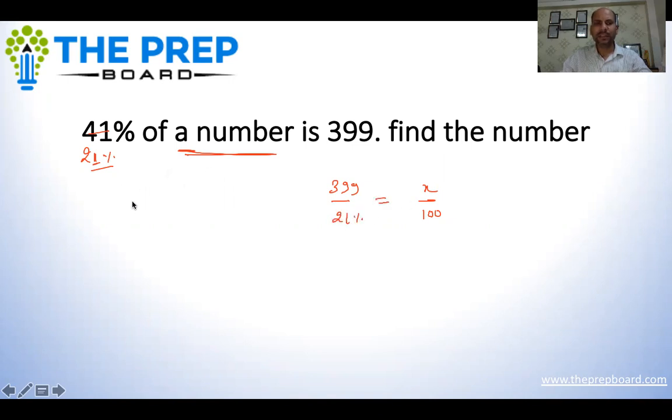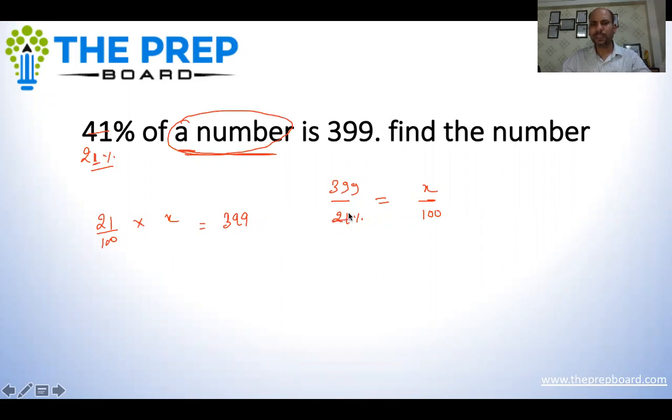Okay. In the general method, how do we solve 21%? So 21 divided by 100, as given, of means multiplication, a number which was not given. So let's take this number as x, and is means equal. It's 399. You can cross multiply and solve this. Here you can see this is 20 square minus 1.